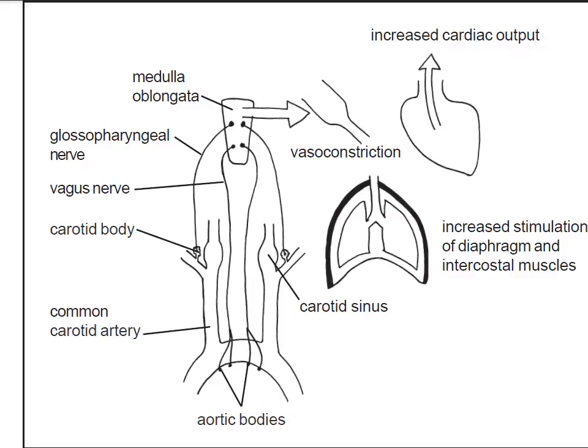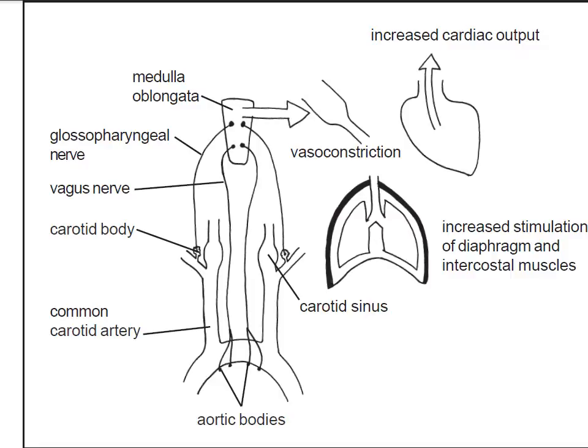Impulses from the chemoreceptors stimulated by oxygen lack will also stimulate the respiratory center in the medulla oblongata of the brainstem. And this will cause increased sympathetic outflow, which will affect the respiratory system.